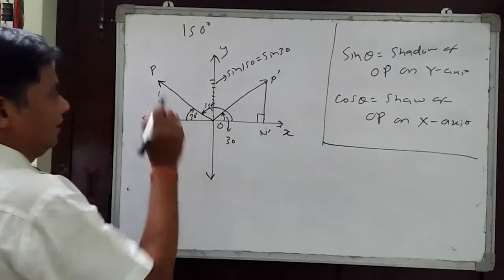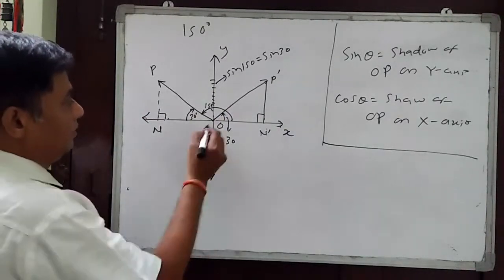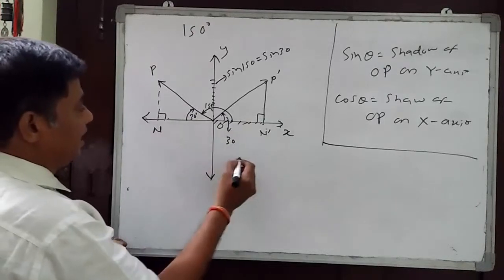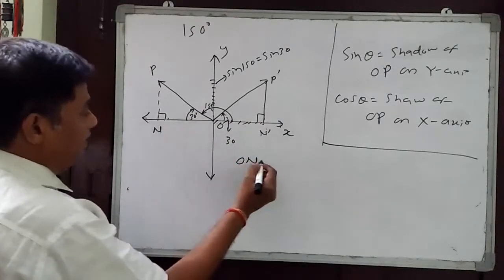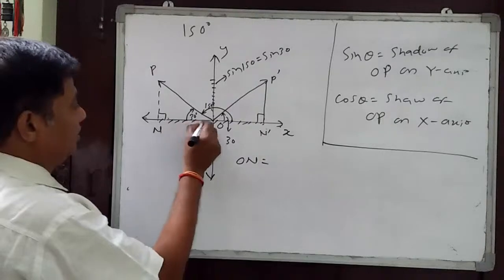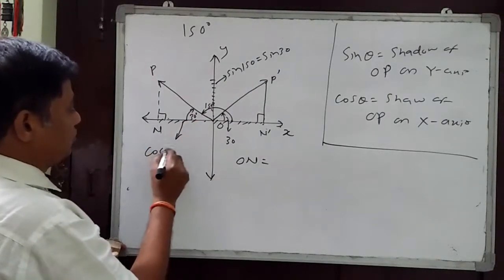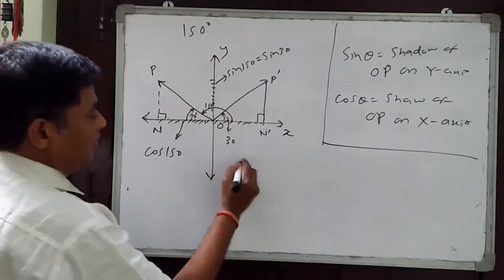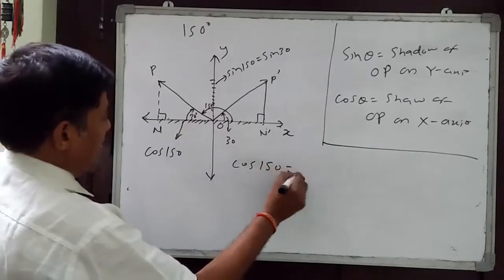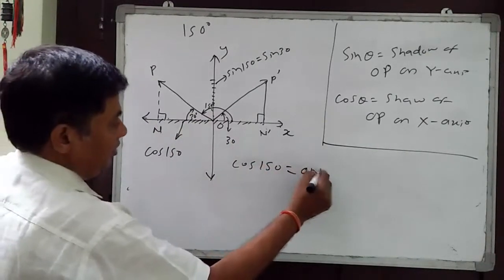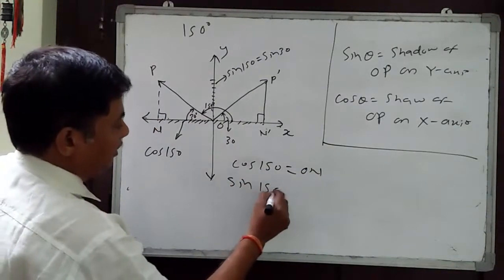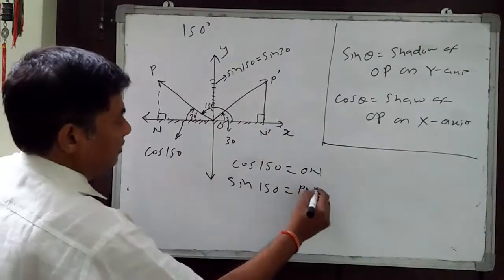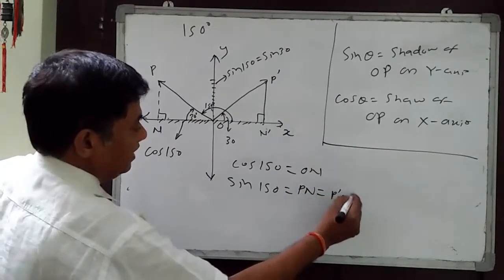Both are the right angle triangle and both are the congruent triangle. Whereas this will be cos 30 and ON dash, ON, which is nothing but the cos 150 degree. So cos 150 will be ON and sin 150 will be equal to PN length equal to P dash N dash length.